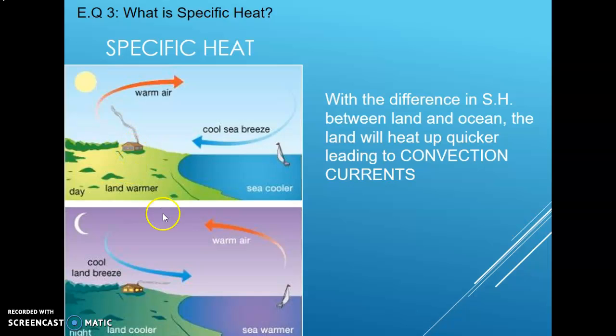And then if you've ever noticed at night during the summer at the beach, you get a nice cool breeze coming off of the land, because the land cooled off before the ocean has. And that's just for the day. Think about seasons. It takes all winter for the oceans to cool off.